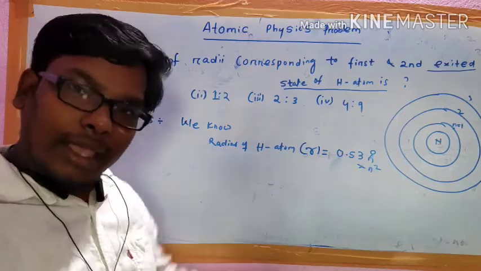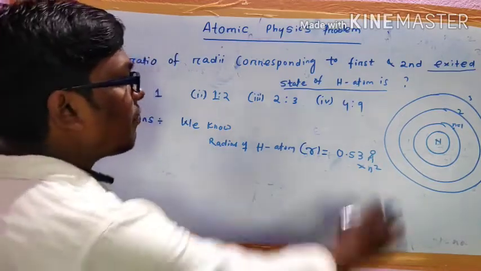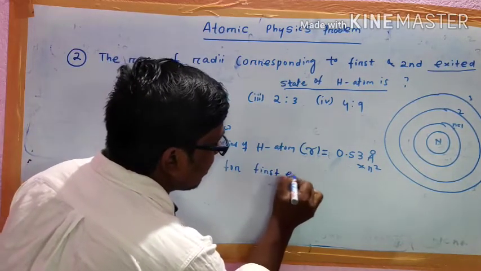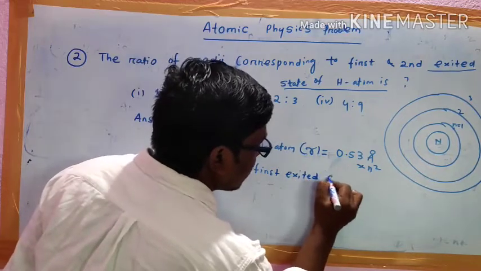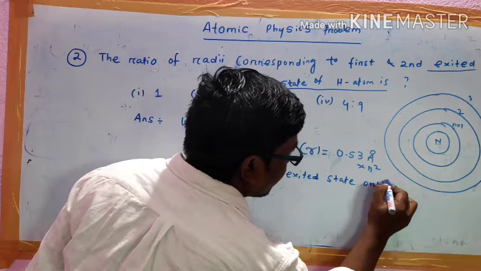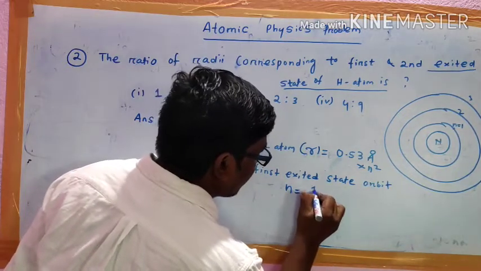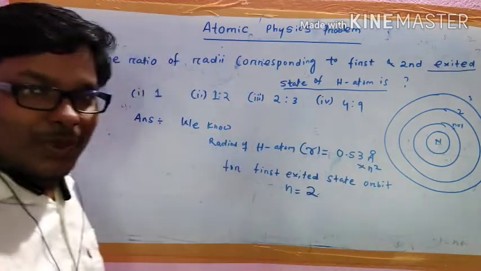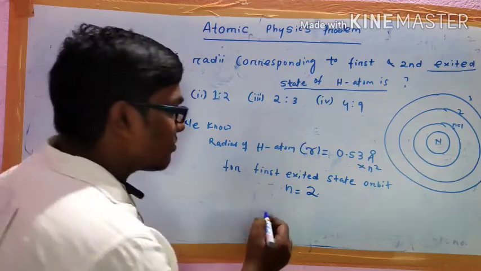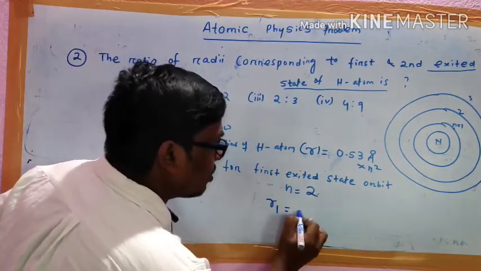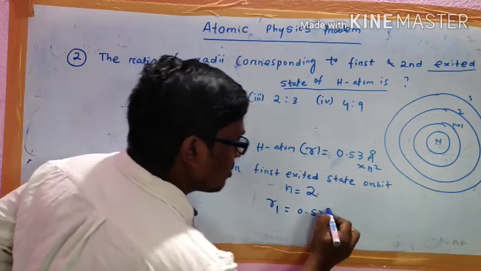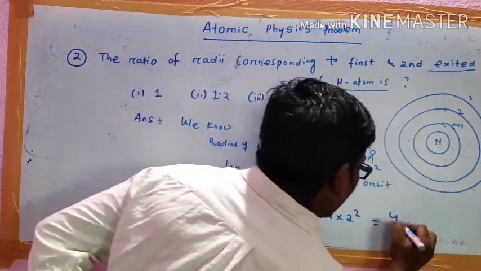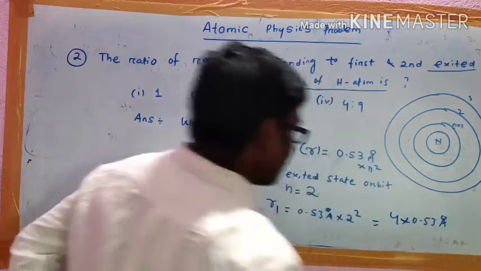For the first excited state orbit, n is equal to 2. Then radius, let's take R1, is equal to 0.53 Armstrong into 2 square, that is equal to 4 into 0.53 Armstrong.